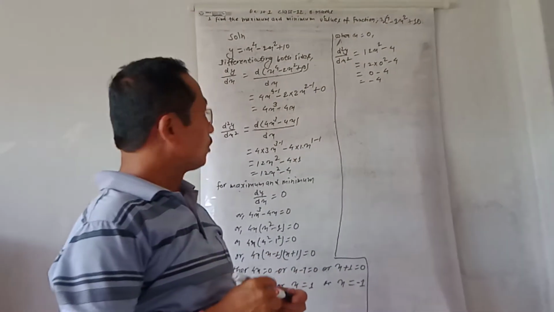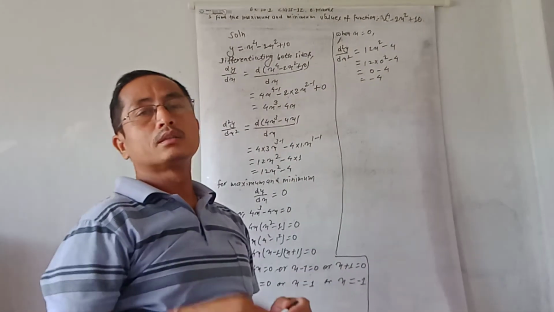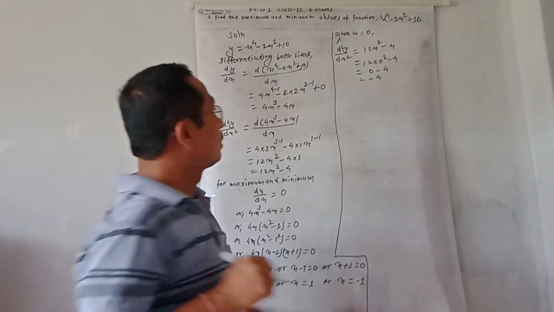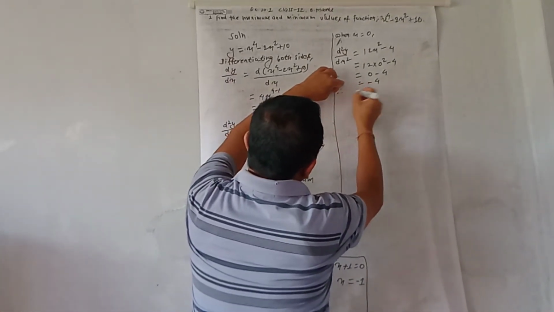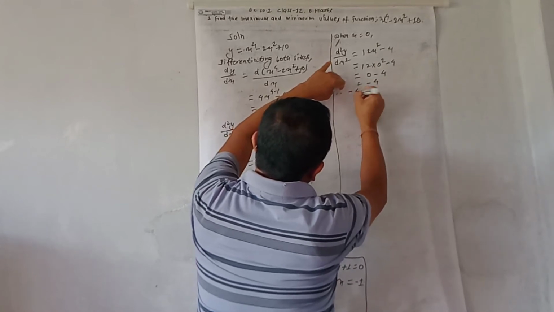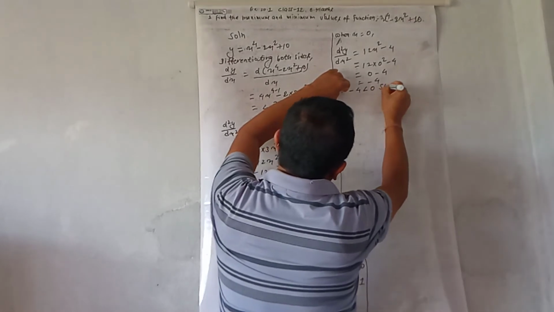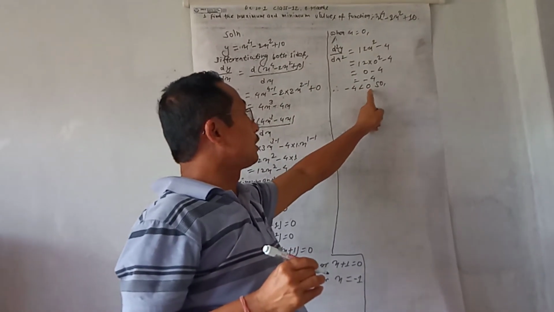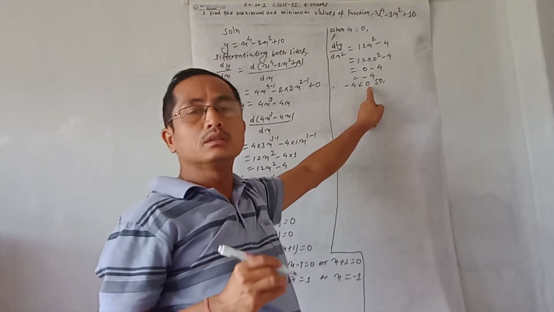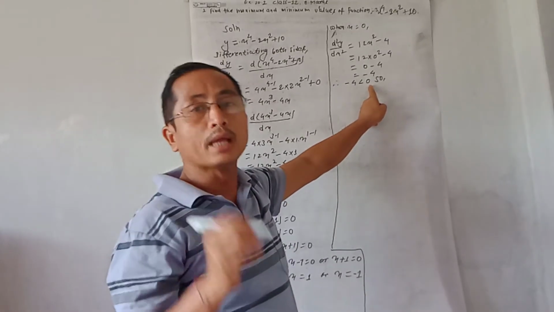When the value of the second derivative is negative, that means it is smaller than 0. So here you can write: therefore minus 4 is smaller than 0. When the value of the second derivative is smaller than 0, the function has a maximum value.